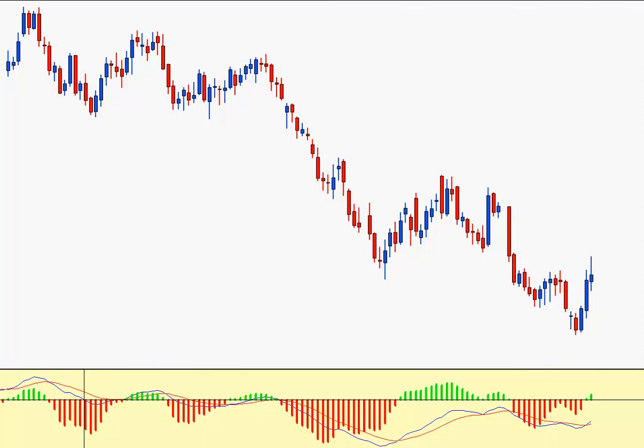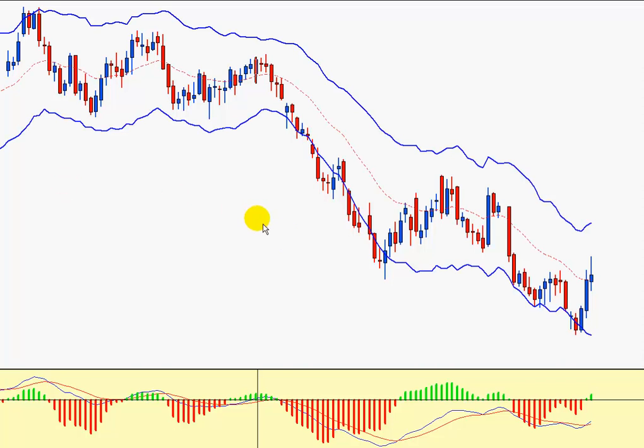Now this is the daily chart of the euro, and I'm going to once again add the bands to the chart, and we can see we still have the MACD. You will find it interesting that here's a previous bottom in the euro, and here's where the MACD line was.